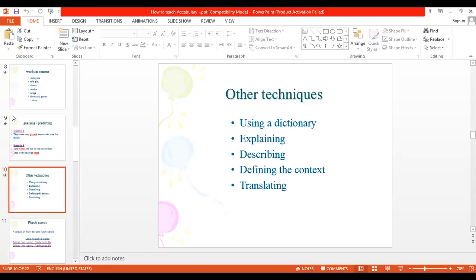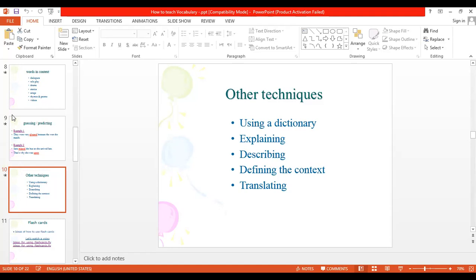See, translating the word is at the end, the last one, because if you cannot use all the other techniques we mentioned, the last option, as Ms. Samia said before, is to translate it. Can we translate?